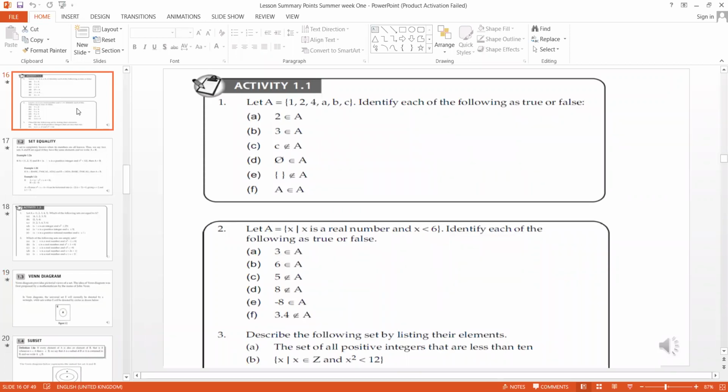This time you are listing the elements in the set. And I'll be taking the answer from Joseph James Nwako.